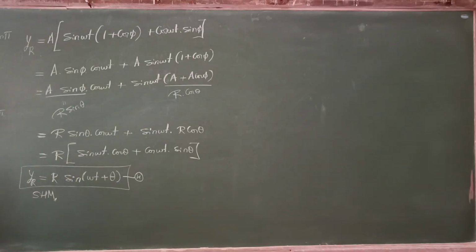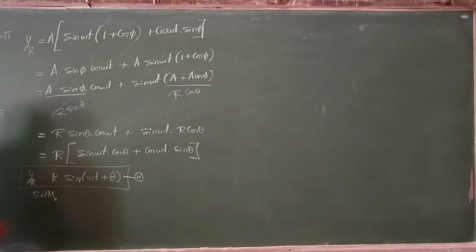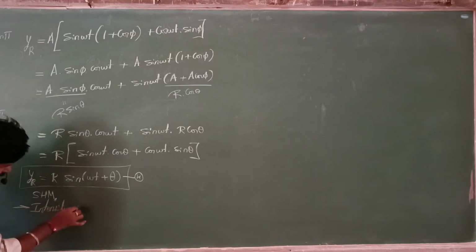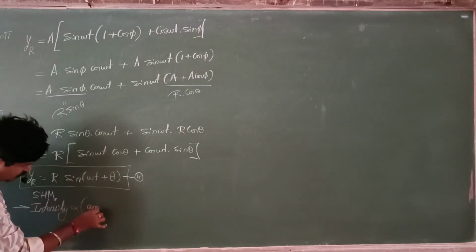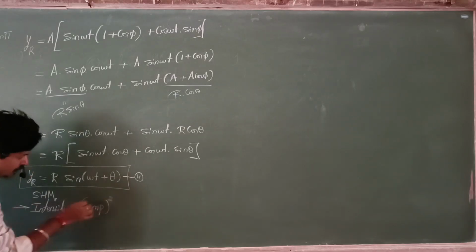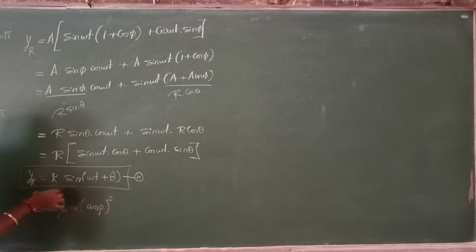Next we have the expression of the intensity. Intensity is directly proportional to the square of its amplitude. Intensity is proportional to the square of amplitude, as we call it. So here what does r stand for? Amplitude of the resultant wave.